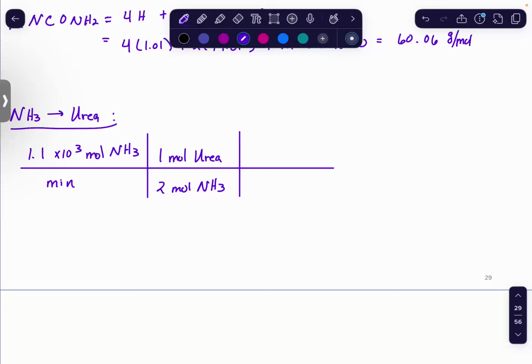And then urea is 60.06 grams per mole. And when we calculate this all up, we're going to get 3.3 times 10 to the fourth grams of urea per minute.